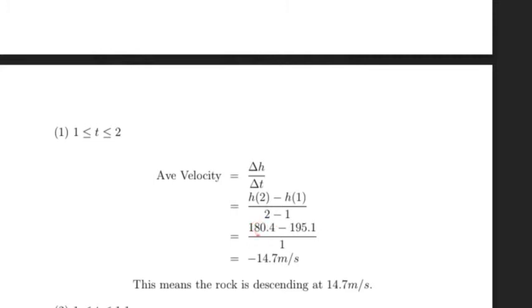Notice at 2 seconds, it's smaller. So when I find the difference, I get negative 14.7 meters over a change of 1 second. That means that over that time period, on average, it is dropping at 14.7 meters per second. I hope that makes sense.